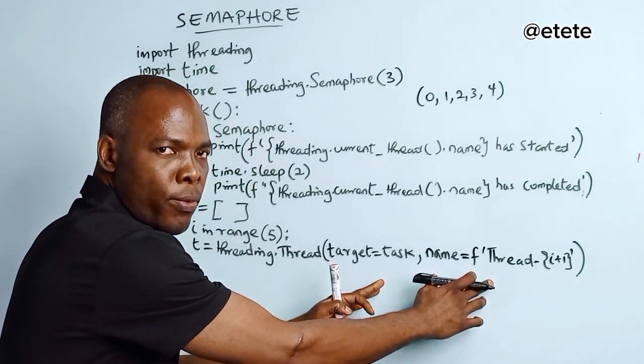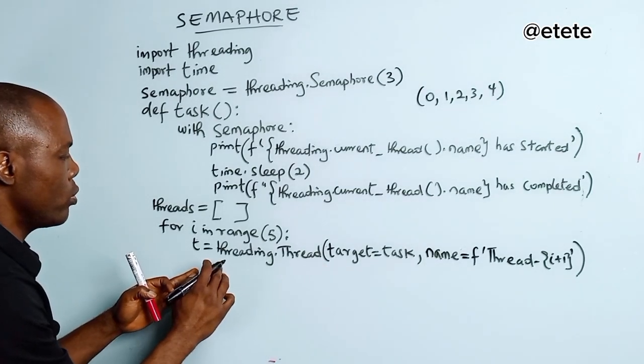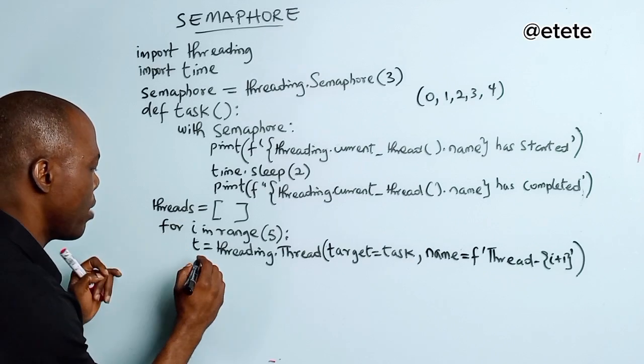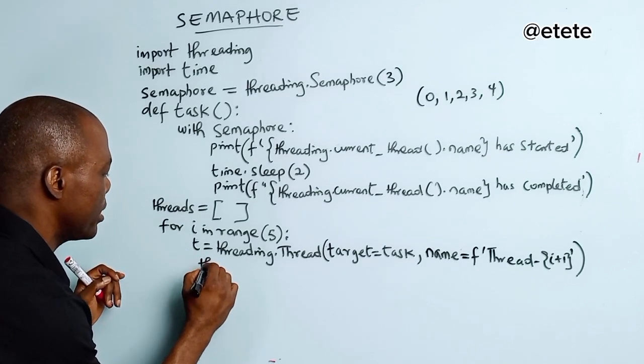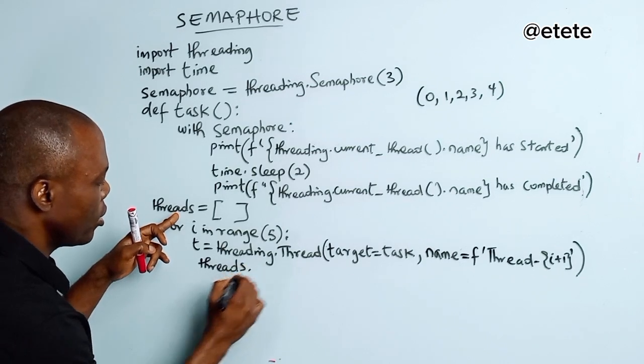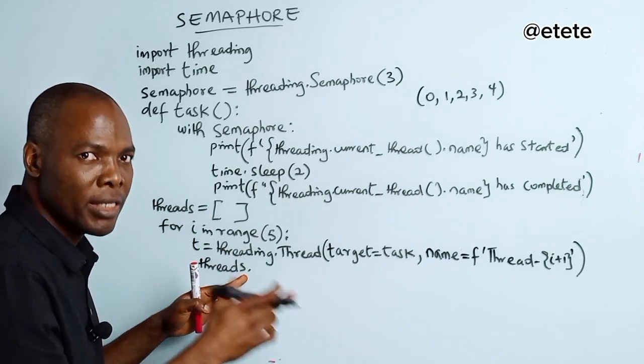Now, when I create the thread, the next thing I will do will be to what? To populate these soldiers inside this camp. Then I will come here and I will say threads, which is this list, dot append. Inside the list, you have the append method.